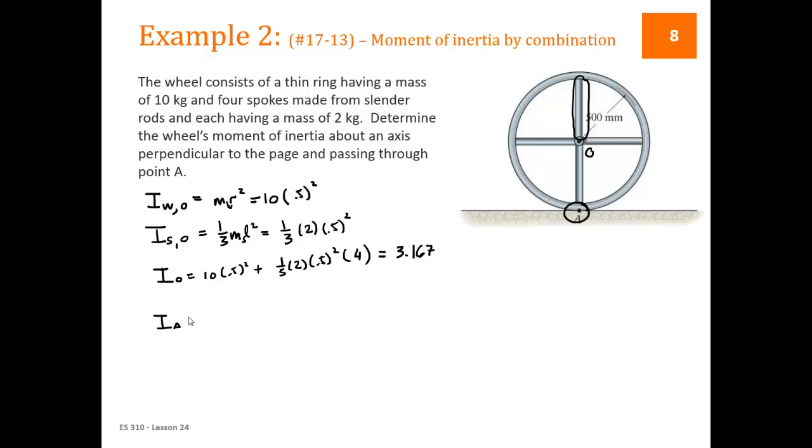So IA is going to equal IO plus the total mass times the distance that we shift squared. This is 3.167 plus the total mass, which is 10 plus 4 times 2, or 18, times the distance we move, which is 0.5, squared. We plug these in and we get 7.667, and the units are kilogram meters squared.